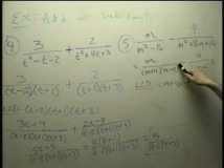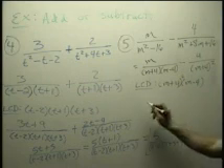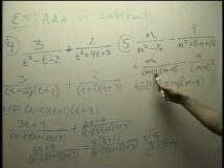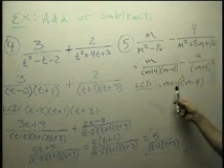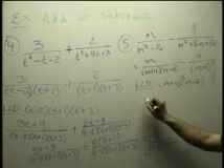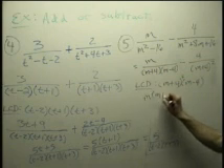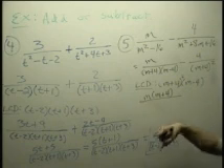So, I rewrite these by multiplying by what's missing. So, I have m plus 4, I have m minus 4, but I need m plus 4 squared. So I have to multiply top and bottom by an m plus 4. Okay.